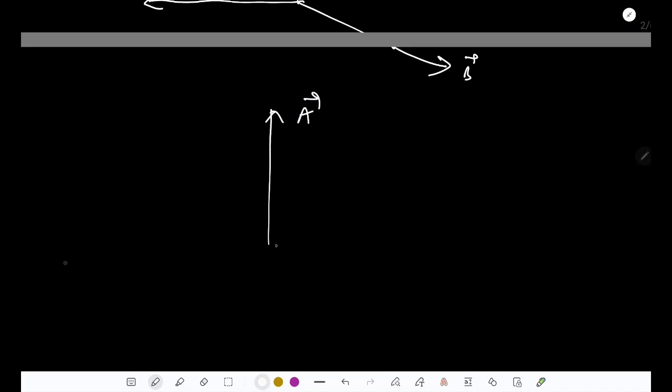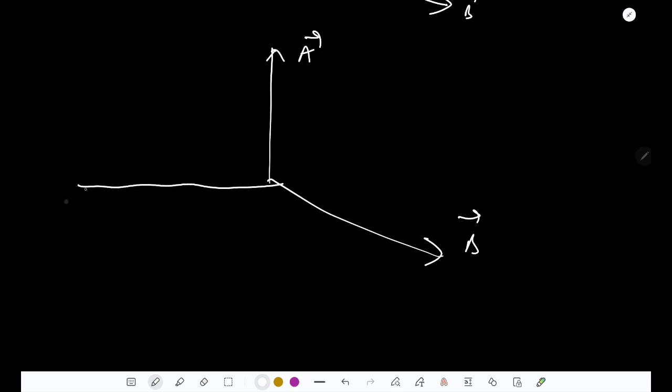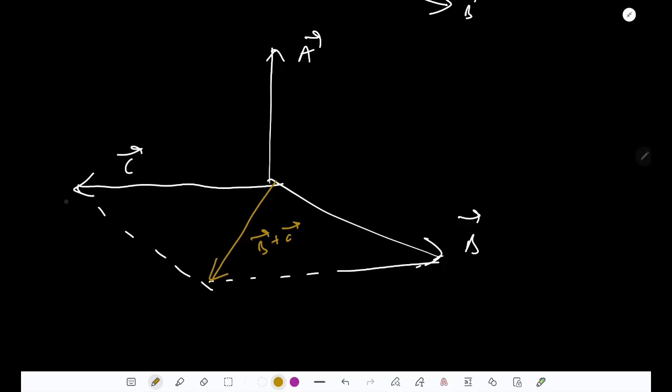This is our vector A, this is vector B, and this is our vector C. Then if we try to find first vector B plus vector C, just complete the parallelogram and you will get here vector B plus vector C. Now add vector B plus C to vector A, and to do so we will again need to complete the parallelogram.